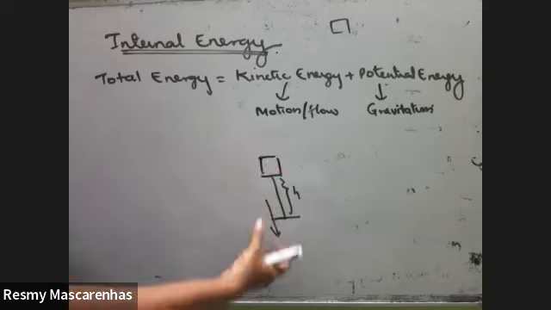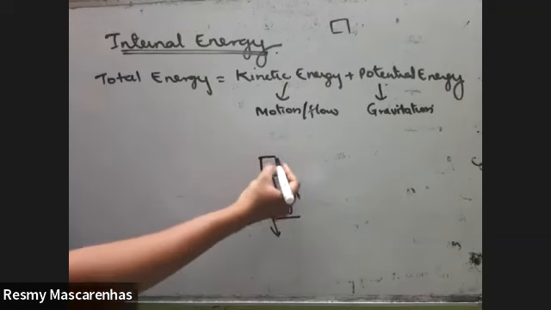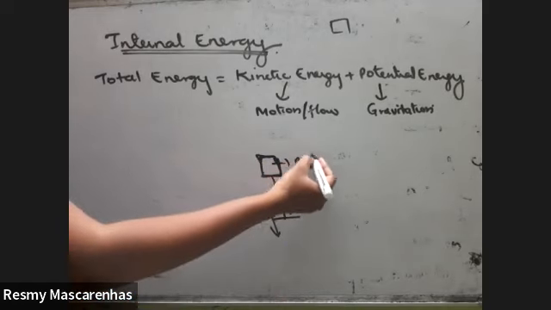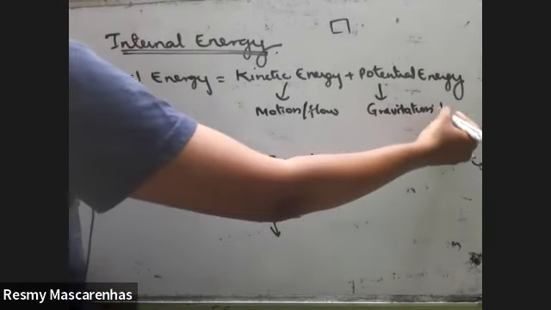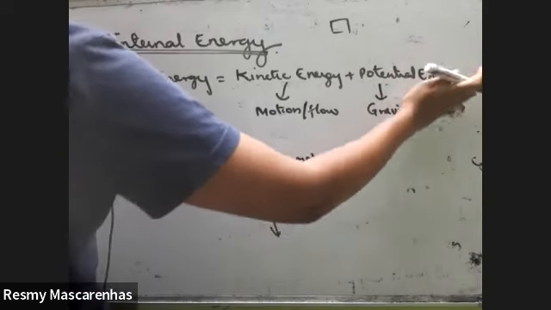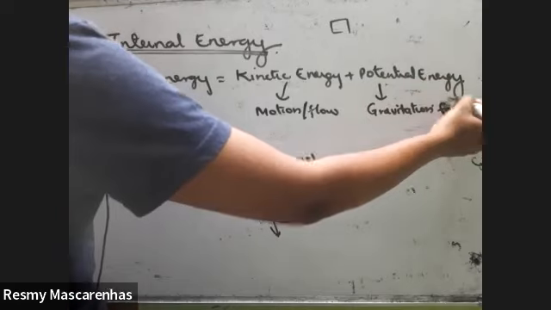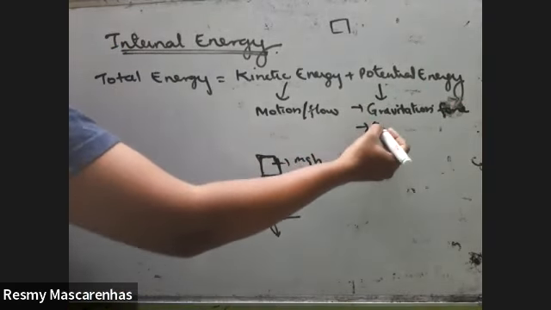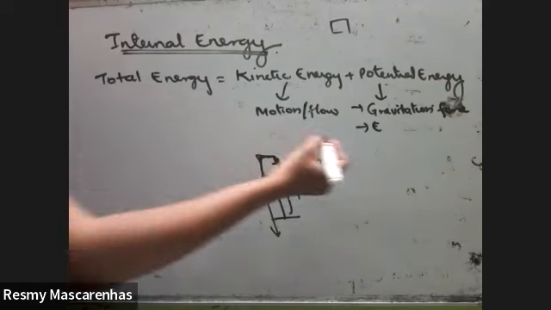Some kind of attraction is there from the earth, but it is stored. That is called potential, which is given as mgh. Then this could be the gravitational force, then it could be due to some electrostatic force.